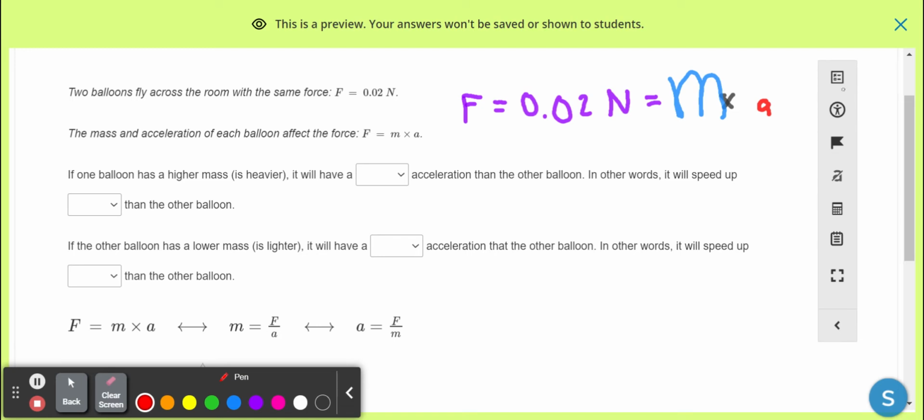Now, if I go the other direction, and I have the force for the light balloon equals 0.02 newtons, that's going to be equal to a very, very tiny mass, very, very light balloon, times acceleration. I want that to come out to still be 0.02 newtons.